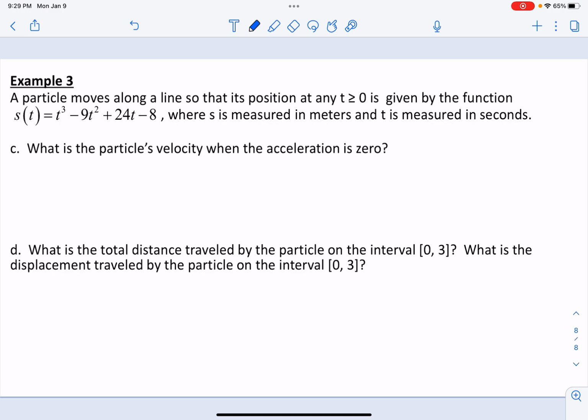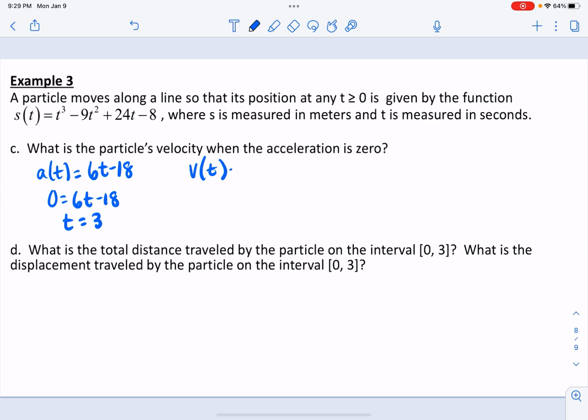Okay, what is the particle's... So this is just a continuation. I just didn't have enough room to write everything on one slide. What is the particle's velocity when its acceleration is 0? So from the other slide, our acceleration formula is this. I set that acceleration formula equal to 0, and I get t equals 3. I now need to plug into my velocity function.